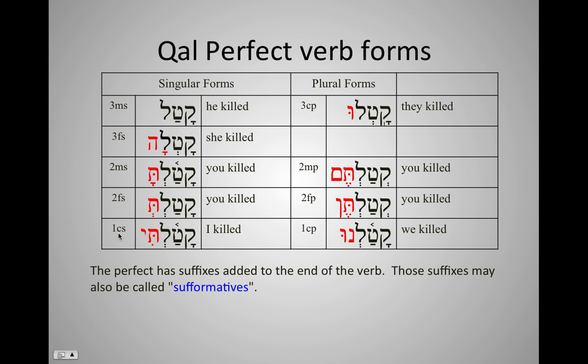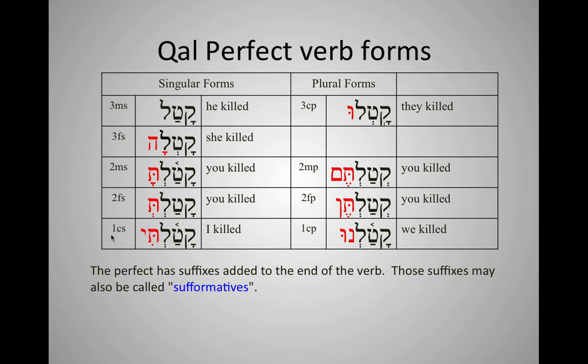But to pick back up in the first person form, the last one on the left column is, again, 1CS. 1 stands for first person. C here stands for common. There is no gender associated in first person. So it could be either masculine or feminine in this case. And S stands for singular.